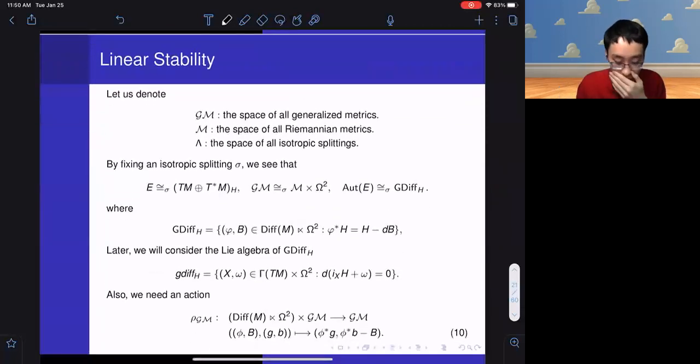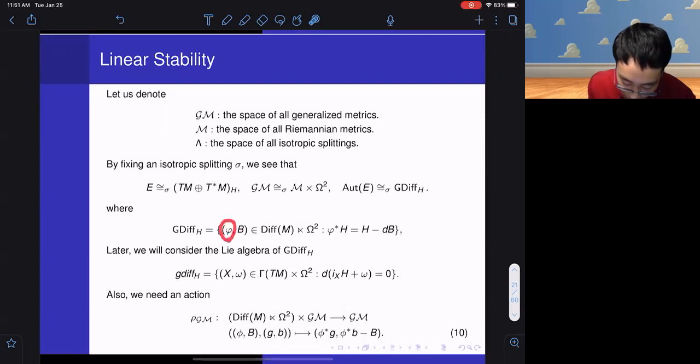This is our notation. The space GM contains all generalized metrics, M is the space of Riemannian metrics, and lambda is the space of isotropic splittings. We recall that if you fix some quantity in lambda, then our current algebra is nothing but T plus T star, the generalized metric is M times omega squared, and the automorphisms can be expressed as diffeomorphisms and the B-field.